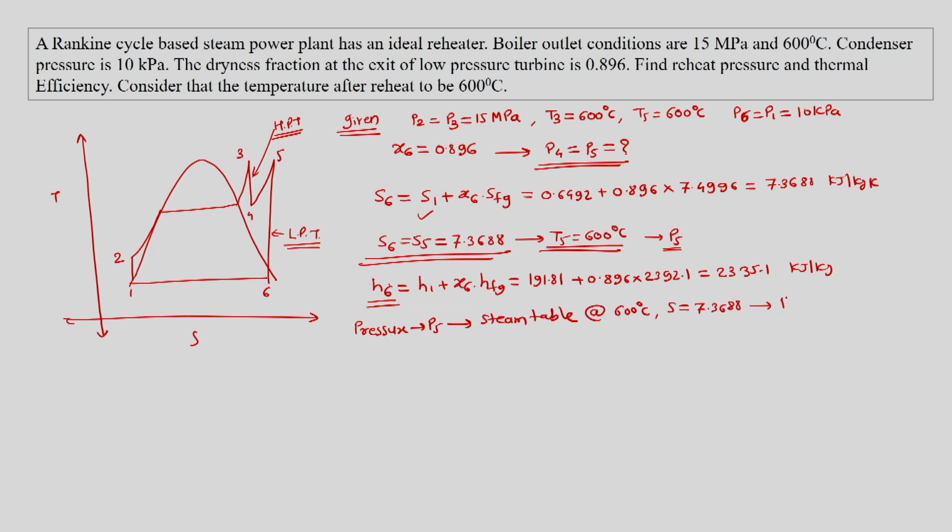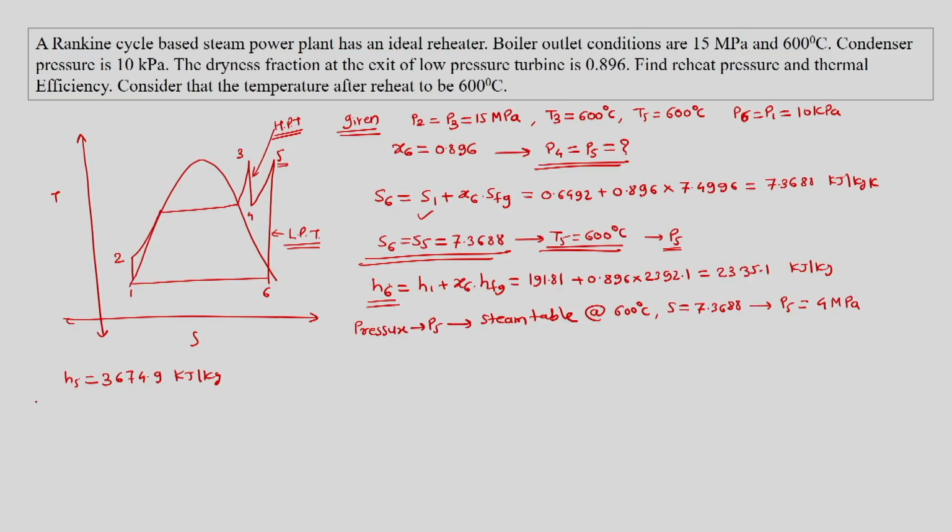So we get P5, and this P5 remains as 4 megapascal. At the same state we can find an H5, which turns out to be 3674.9 kilojoule per kg. So now we know P5, we know everything at state 5. Enthalpy also is known to us.